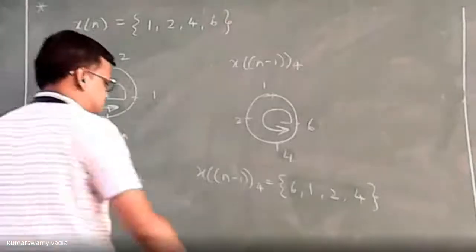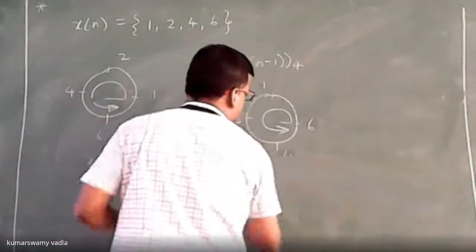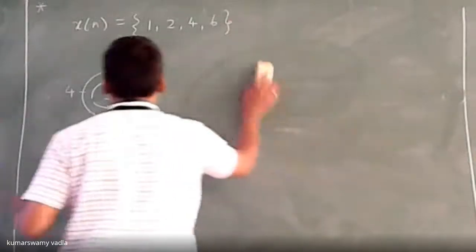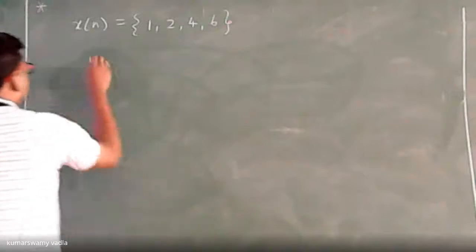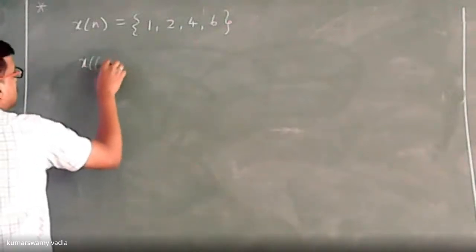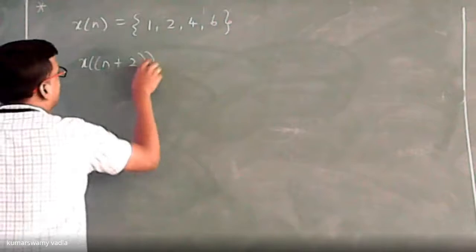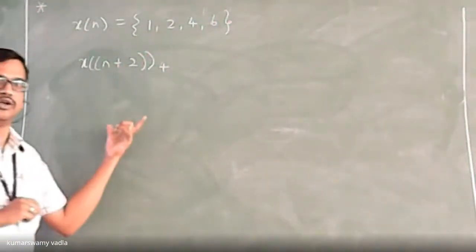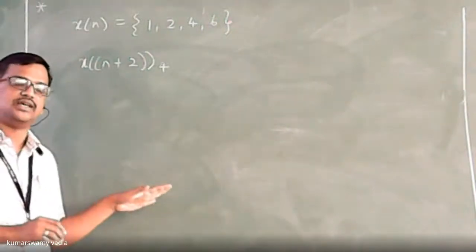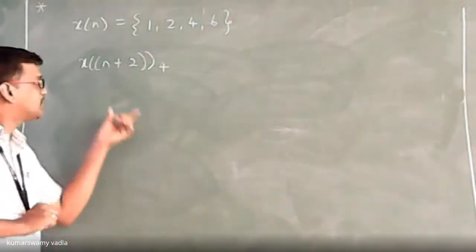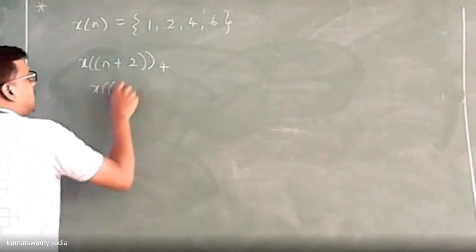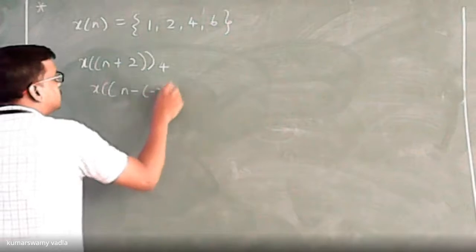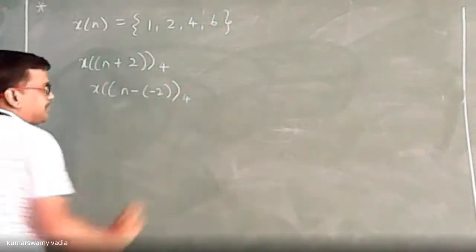In today's lecture, we shall try to understand how to represent the given signal in an advanced manner. That is, you want to plot x of n plus 2 of 4. This is a new thing which we are discussing today, so please concentrate. Now, n plus 2 means n minus of minus 2 of 4.